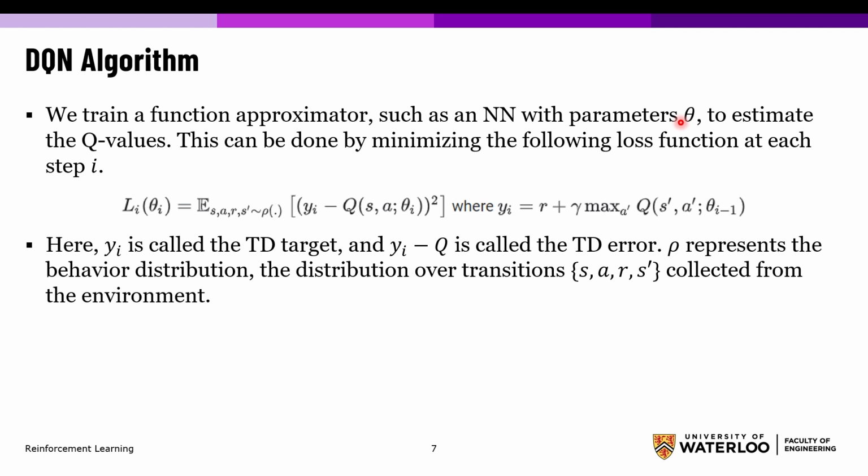We need to find the best values for those weights, stated here as theta, for that function to approximate properly. In order to do that, we need to minimize a loss function. This is the loss function used in Deep Q Network.